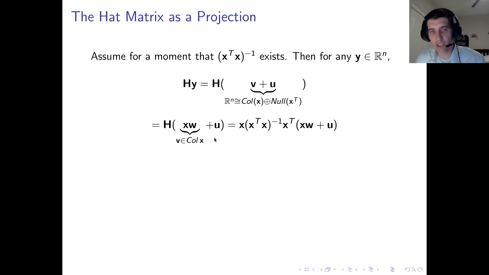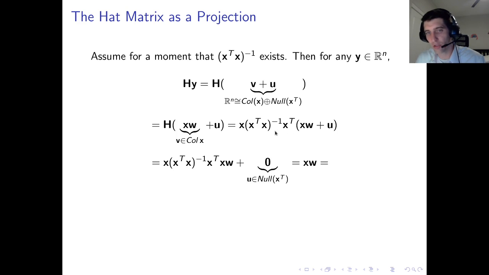Expanding out the definition of H, this is just what the definition of H is. Then I go ahead and expand. I'm going to distribute this X transpose X inverse X transpose to both of these terms. But remember, U is in the null space of X transpose.